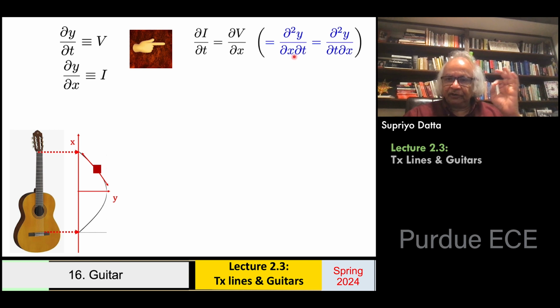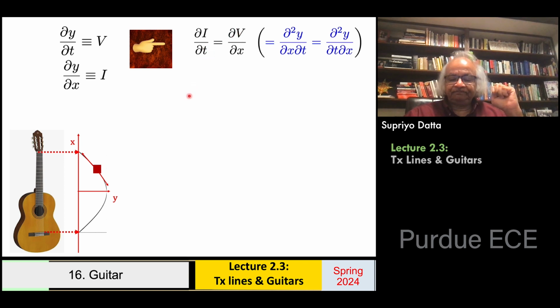Now, when you do del v del x, there also you get the same thing. It is two derivatives of y, one with respect to x and one with respect to time. They come in reverse order. In one case, it was t first and x next. The other case, it's x first and t next. But for normal functions, that doesn't make a difference. So those are equal, and so del I del t is equal to del v del x.